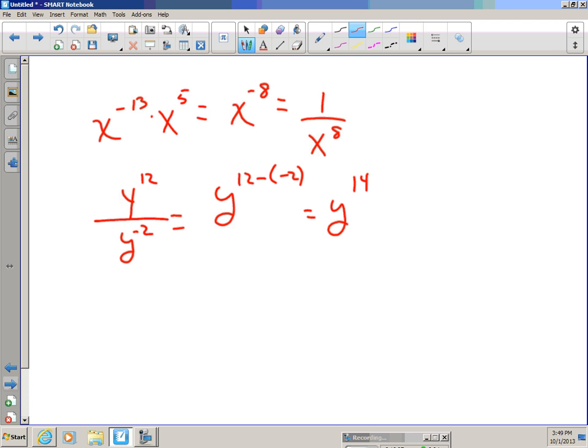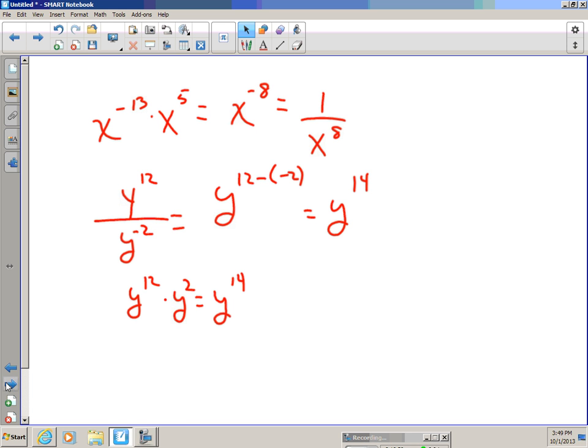Or, since y to the negative second is a negative exponent, I could move it to the numerator and get y to the 14th that way. So either of those two strategies work. It's just which one you are comfortable with.